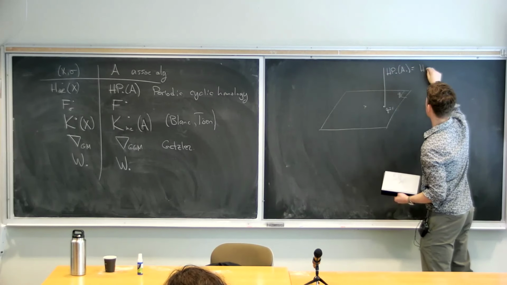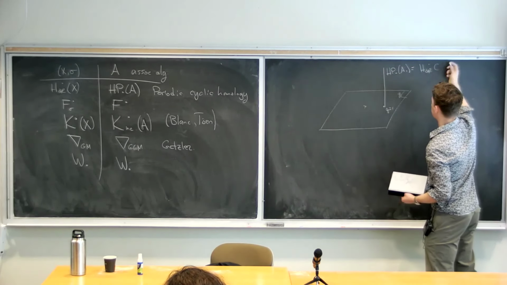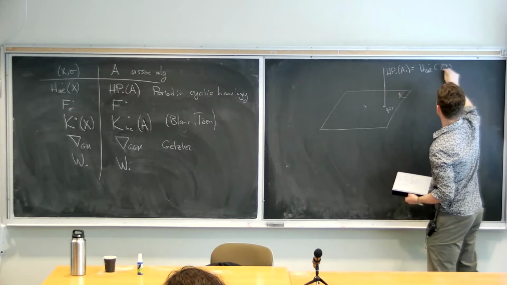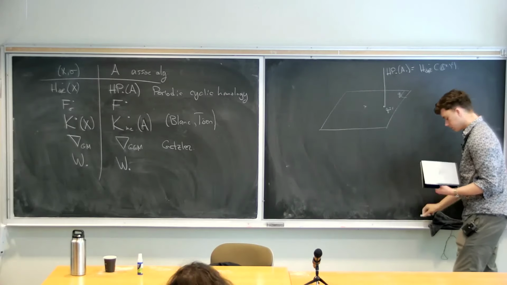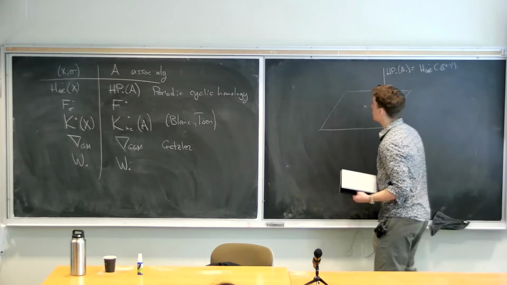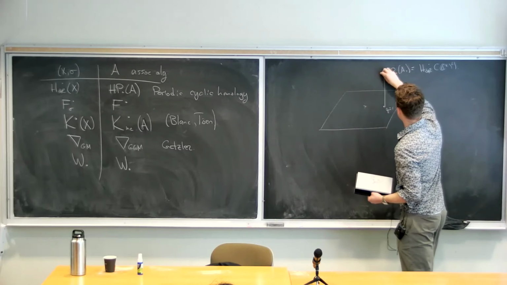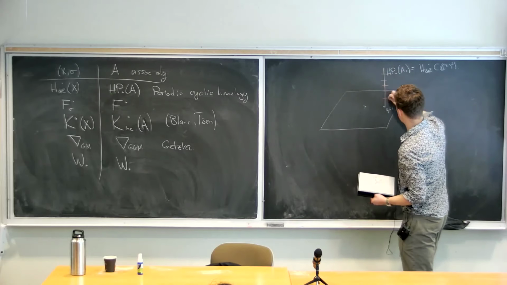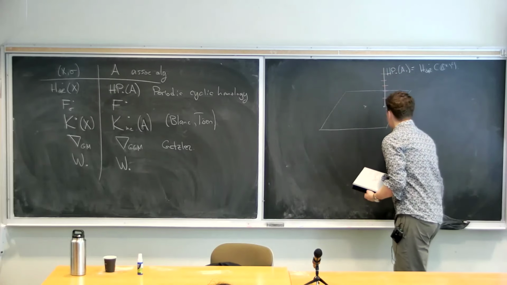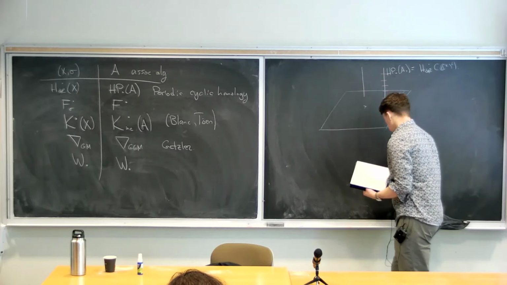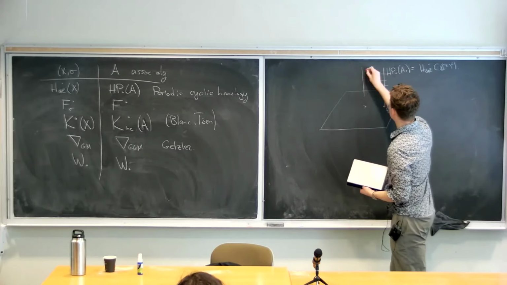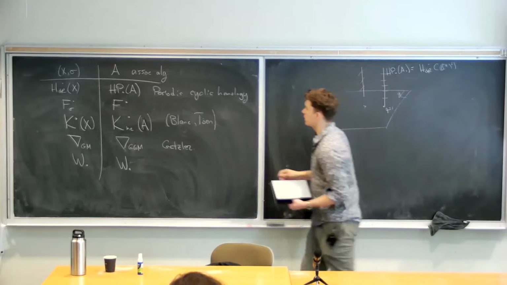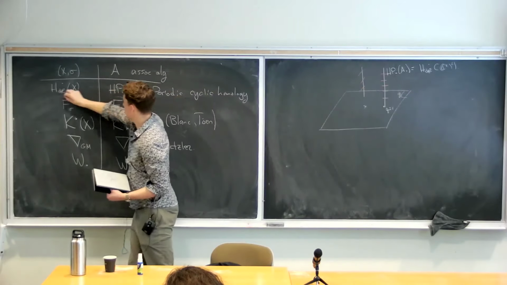This is the de Rham cohomology of, I guess, C star squared in our case. Now, it has a filtration. Let's say this is the Hodge filtration.